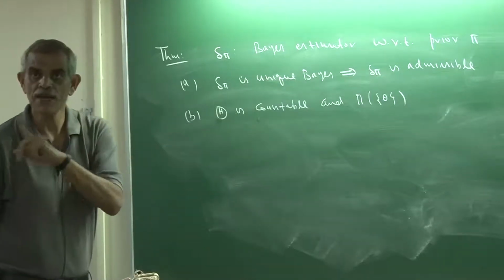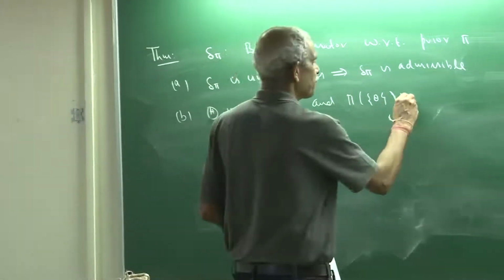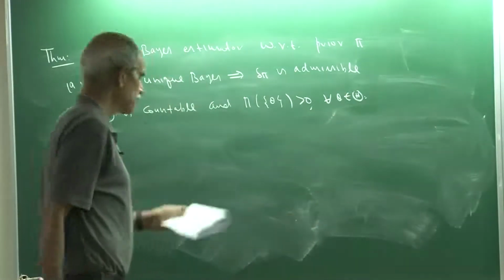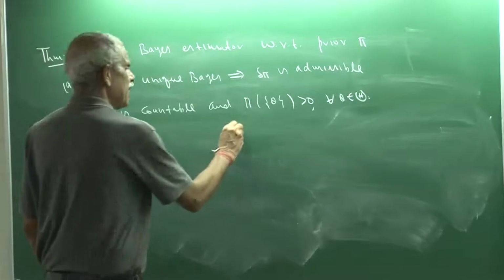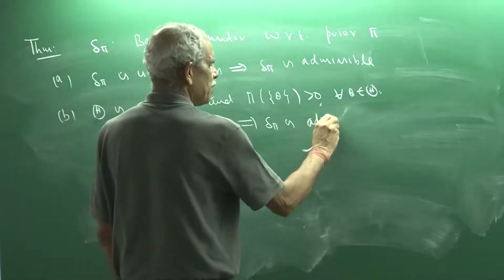I say no, 0 I don't allow, so my prior should be such that pi(theta) is greater than 0 for every theta belonging to Theta. Now, if that is the case, then the Bayes estimator is always admissible.